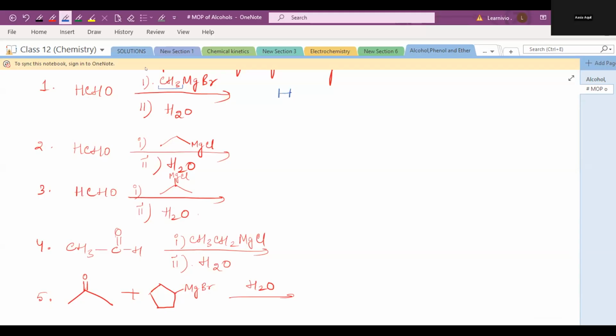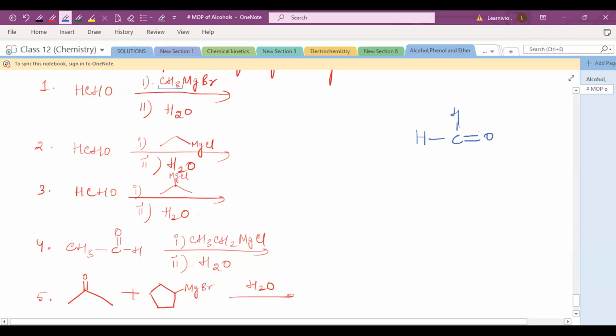Let's see, simply it will be, just a second. For one carbon CH. So basically आप अगर ऐसे बनाओगे कार्बन, this is a, yeah, and CH, OH, right? What will happen?